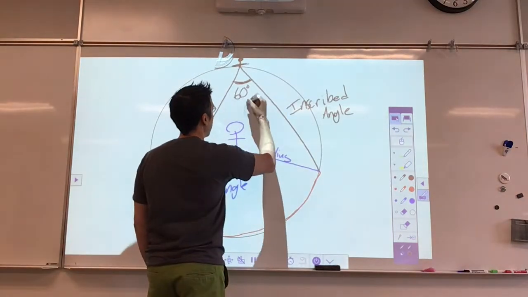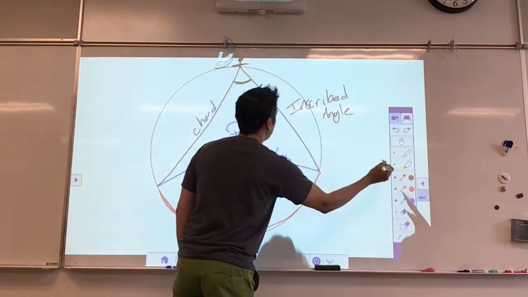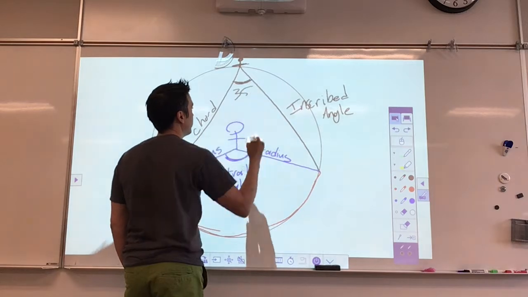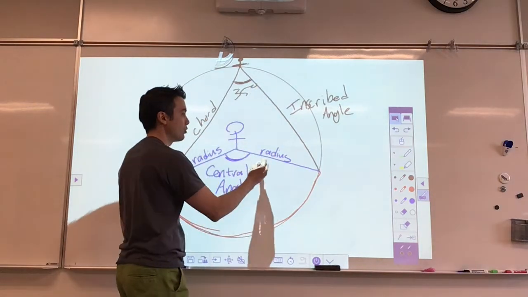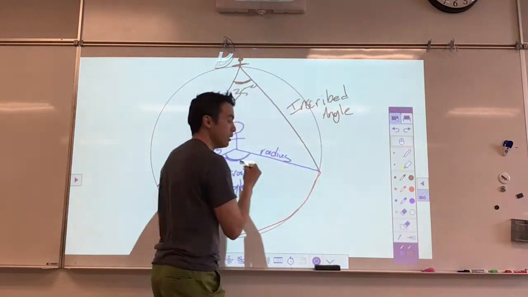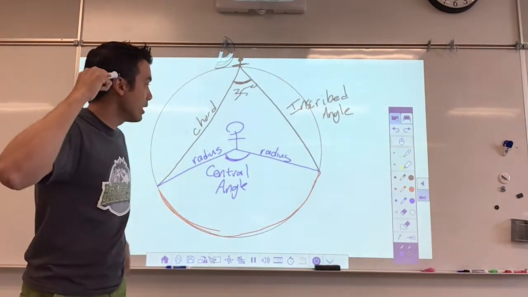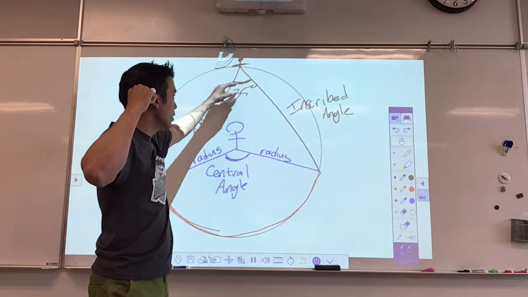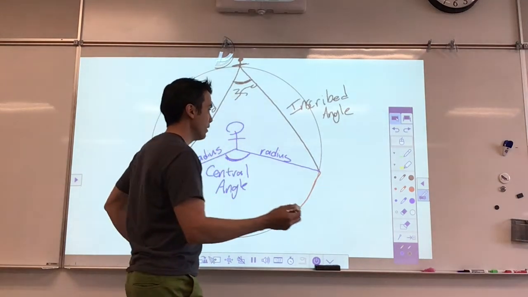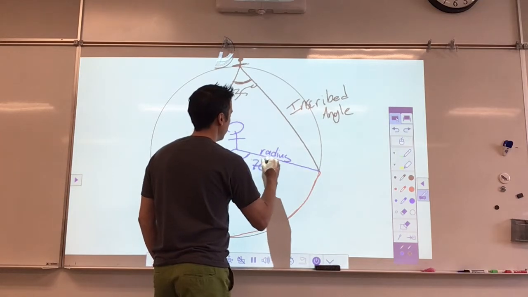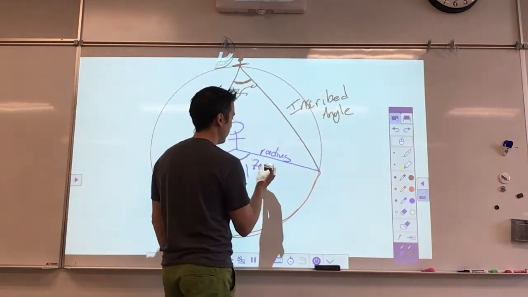Because you might run into something like this. Given this is 35 degrees, what is the central angle? And if you were able to grasp that idea just now, that the central is double the inscribed, you would double this angle to get this, and this would be 70, even though looking at the picture it obviously can't be that.